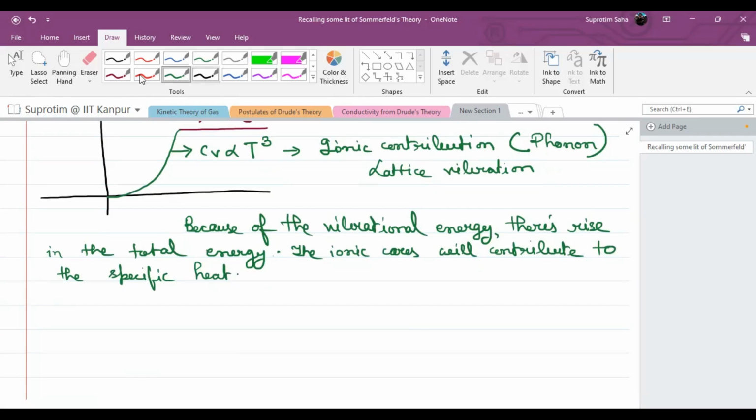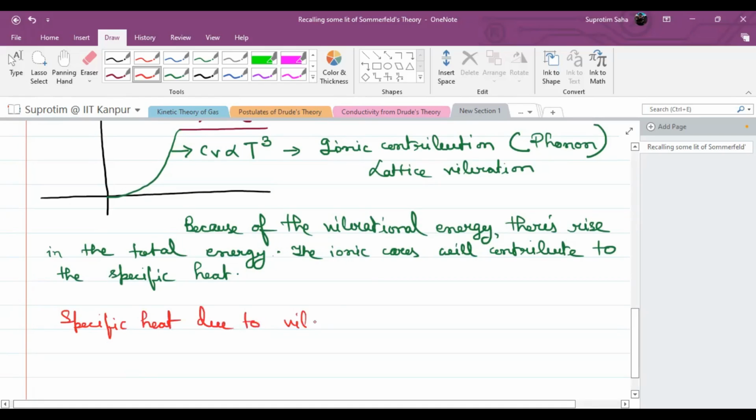So specific heat due to vibration of ions decreases as the temperature decreases. All right.